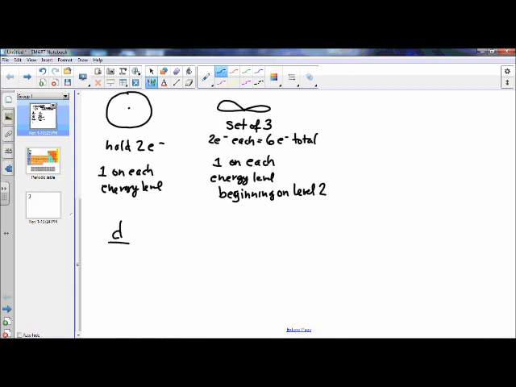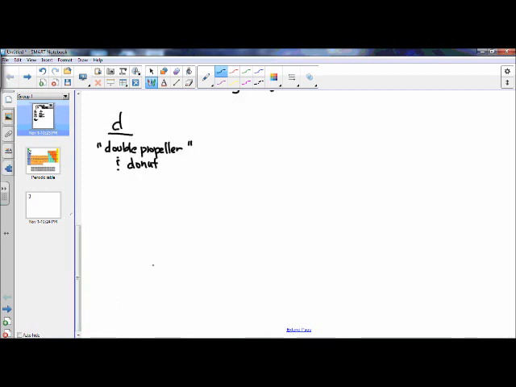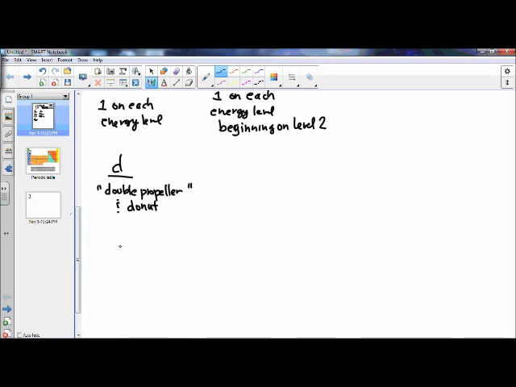The next orbital type is the d orbitals. I'll call these the double propeller and the donut. So what are these shaped like? Well, there are 4 of them that are shaped like this. However, they're just turned in different directions.